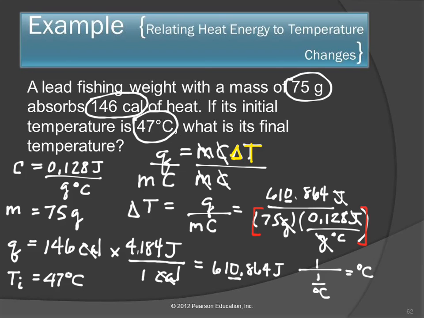So my calculator is showing me 63 point, it's kind of messy, 63.63. How many significant figures would that result have?